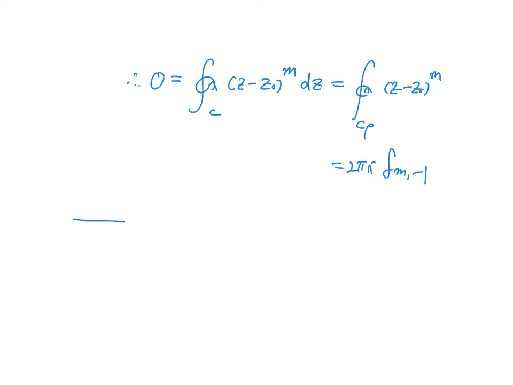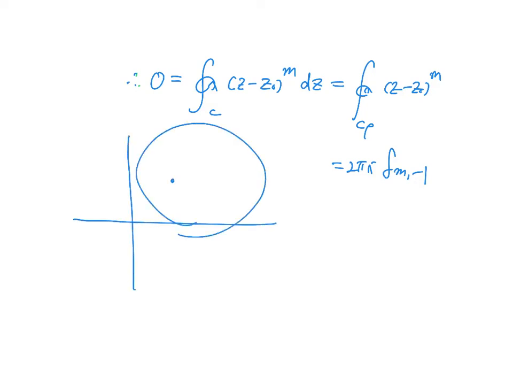So now we know that any point, if z naught is inside of this region, then the result will be the same, whether it is center or not. This is a very general result, right? In general, we have the integral of (z minus z naught) to the m dz is 2 pi i delta m minus 1.